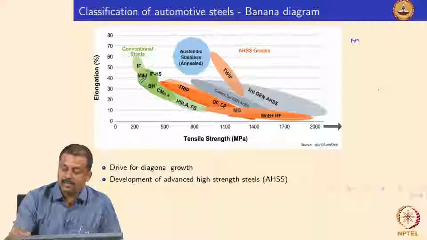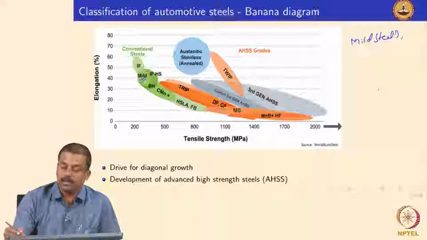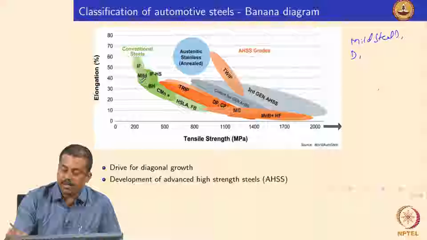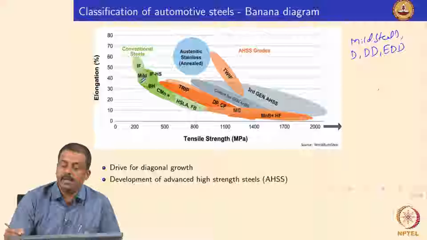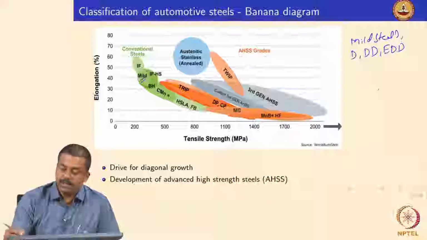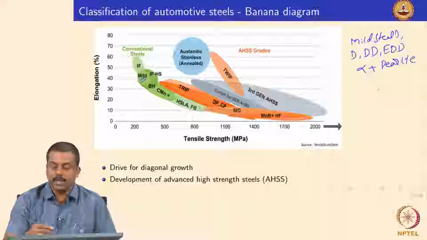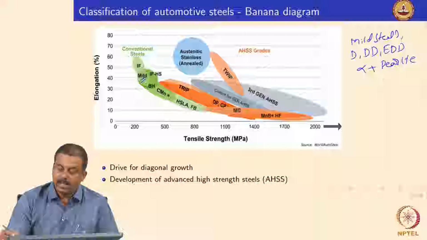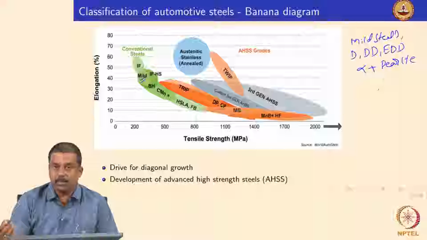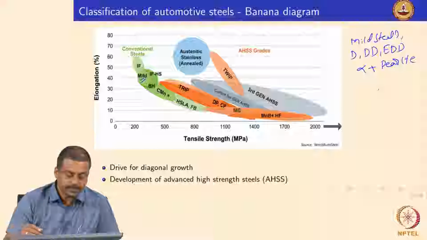They were classified into deep drawn and extra deep drawn grades, DDQ and EDD grades, containing ferrite and pearlite microstructures. The pearlite volume fraction is dictated by the carbon concentration, as already explained in the phase diagram. Based on the carbon concentration, you may form some amount of proeutectoid ferrite, and the remainder would be pearlite.